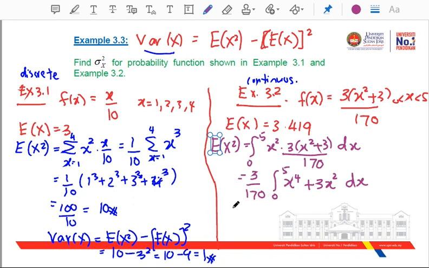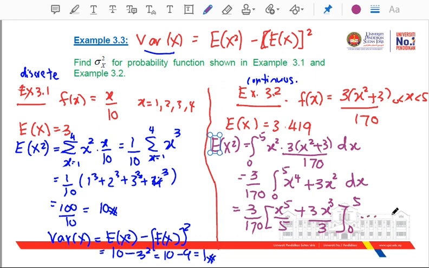Okay, so next step, you need to integrate. Over 170, you integrate x to the power of 4, which becomes x to the power of 5 over 5, plus 3x squared becomes x cubed divided by 3, from 0 to 5. For this part, I want you to do it yourself. Substitute the values, and at the end, what is E(x squared)?